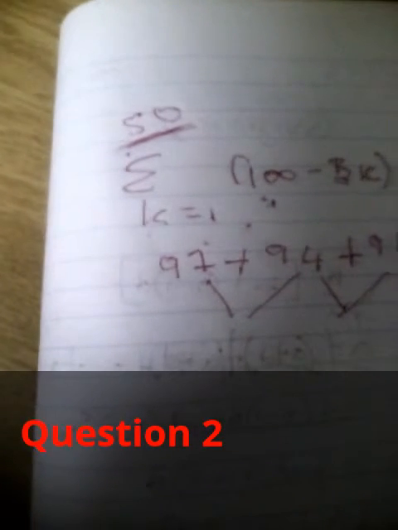To determine the sum of this series, you know that there is a constant difference: 97 minus 94 is 3. There's a constant difference, which means we're going to use an arithmetic series.